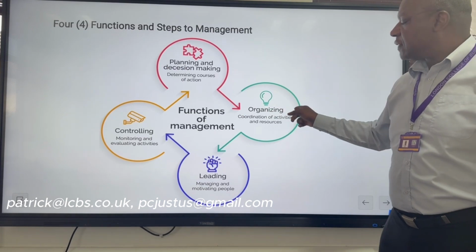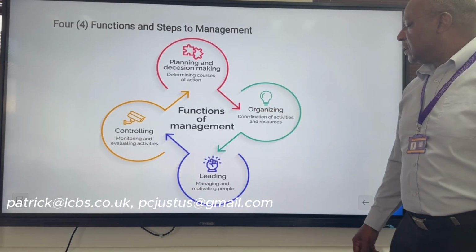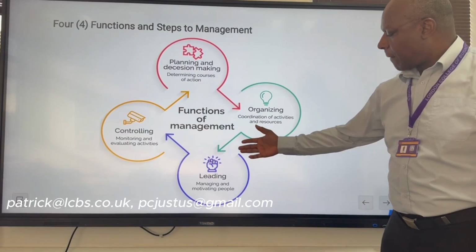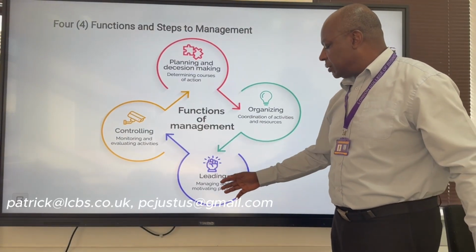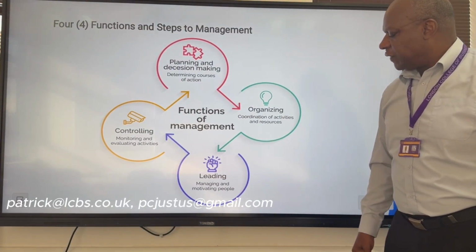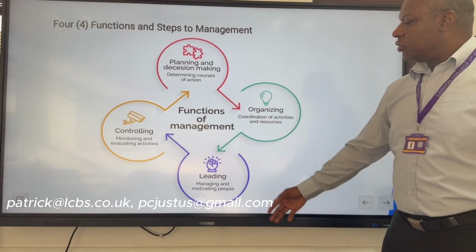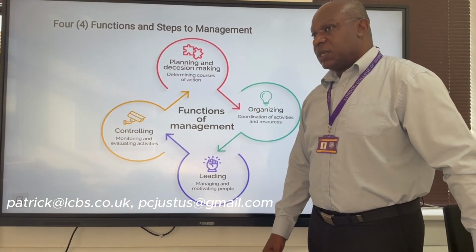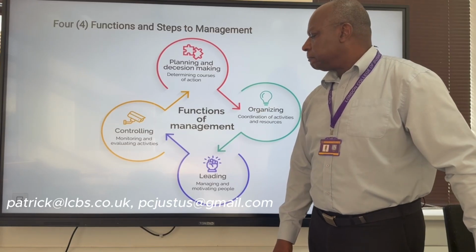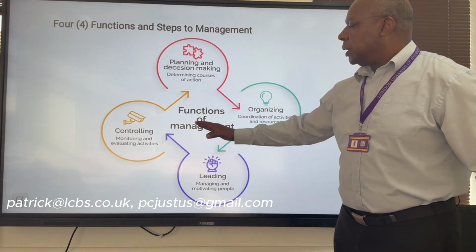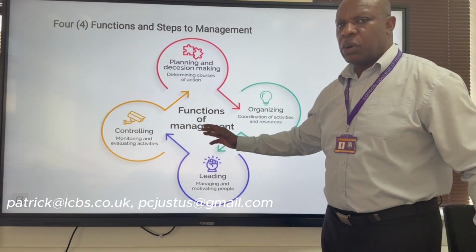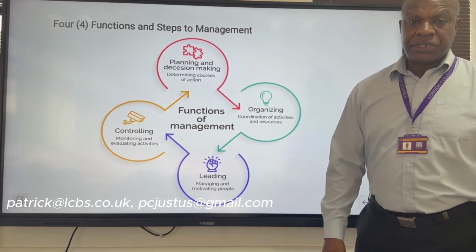They could organize, coordinating activities and resources. They're going to lead, managing people and motivating them, as well as controlling, monitoring, and evaluating activities. All of these are in no particular order. So these are the functions of management at some point while managing.